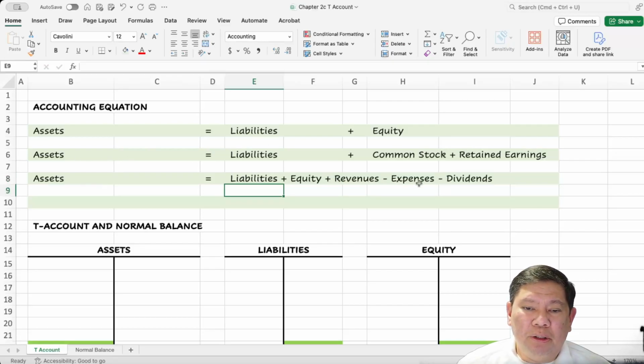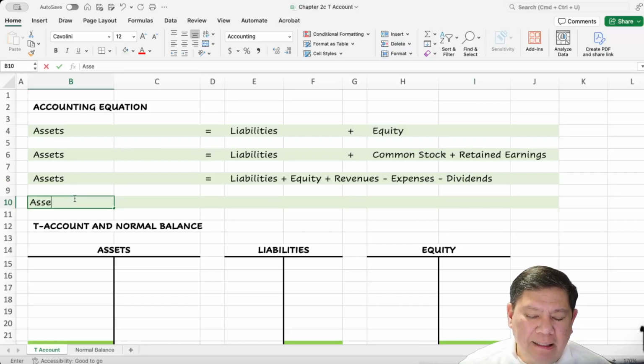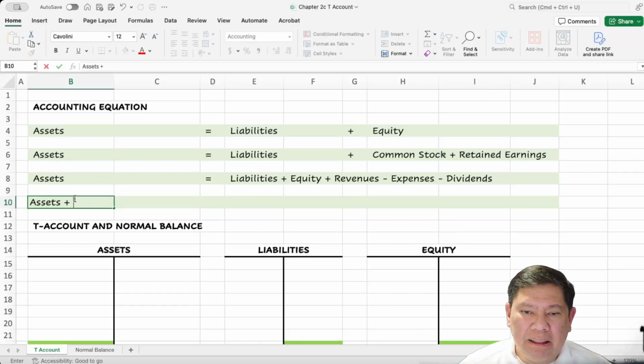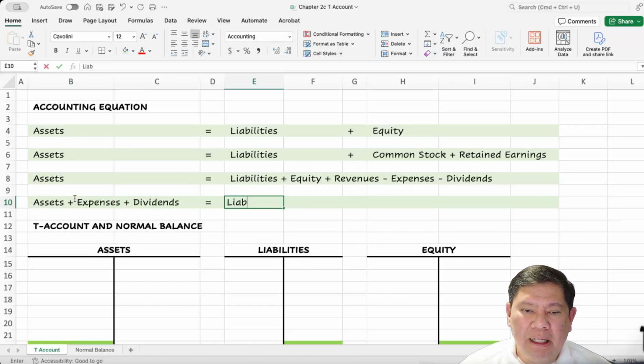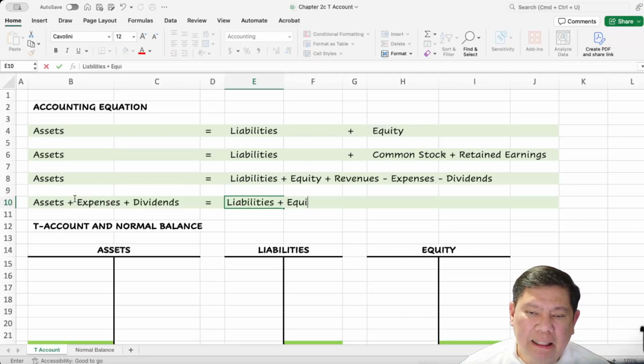And then we're going to move expenses and dividends to the left. So assets plus expenses plus dividends equals liabilities plus equity plus revenues.